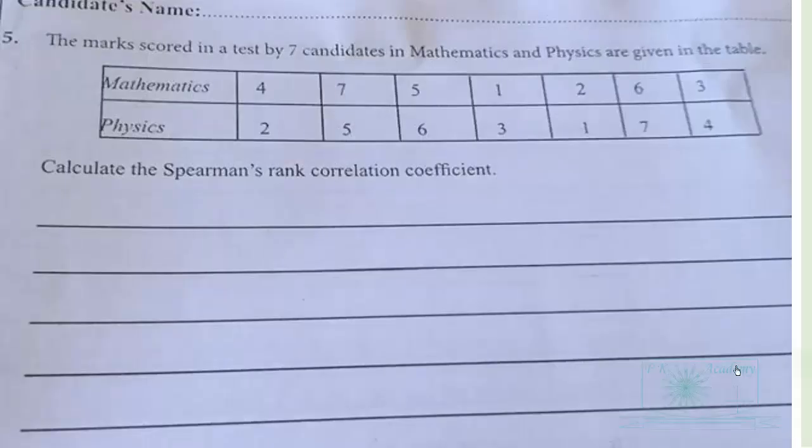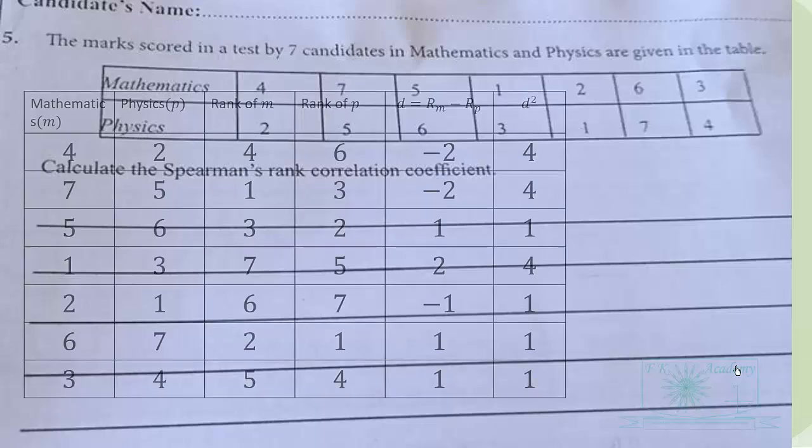The marks scored in a test by 7 candidates in mathematics and physics are given in the table. Calculate the Spearman's rank correlation coefficient. So Spearman's rank correlation coefficient, that's what we are doing here. From the table you can see the rank of mathematics, the rank of P, physics.